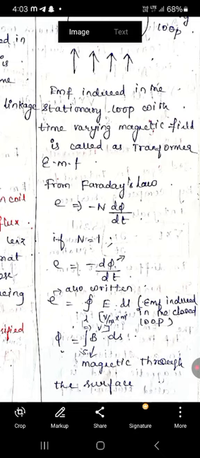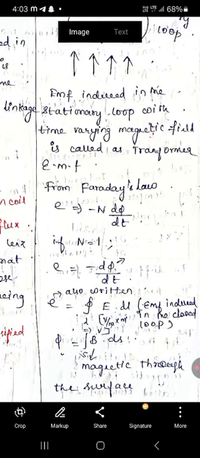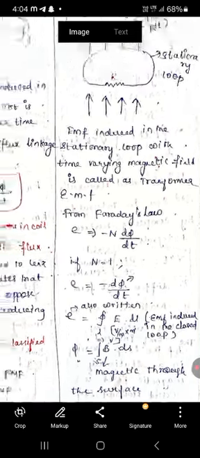We know the EMF can also be induced in the closed path, written as the integral over the closed path of E vector dot dl, where Φ, the magnetic flux, can be written as the integral of B vector dot ds, that is the magnetic flux through the surface.